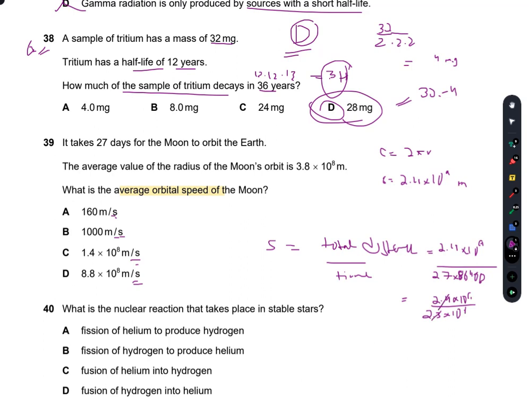So I can simply ignore the decimals here. 2 divided by 2, and I subtract 6 from 9, so 10 to power 3. So approximately equal to 1000 meters per second would be the average orbital speed of the moon here. So B would be the right option.